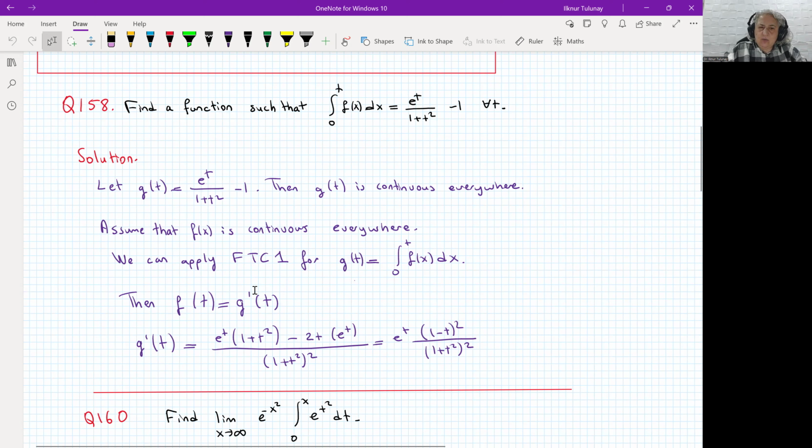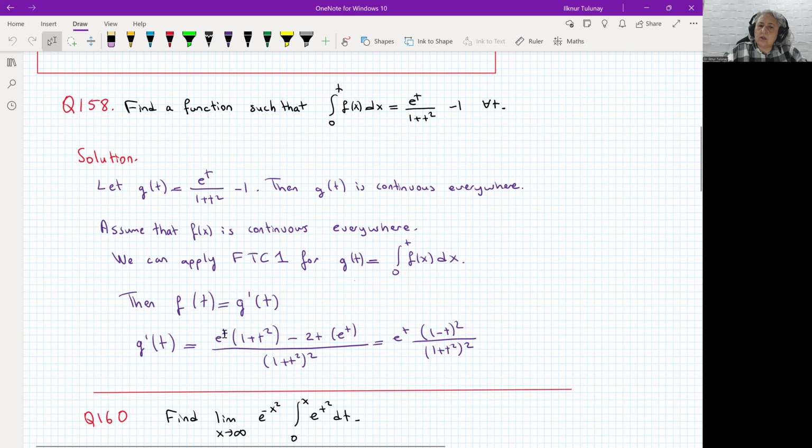By taking the derivative of this function, this is a constant, so its derivative will be 0. We have a rational function, so we need to take the derivative of this one times this, minus the derivative of this one times this, divided by the square of the denominator. So that's what we are going to do here.